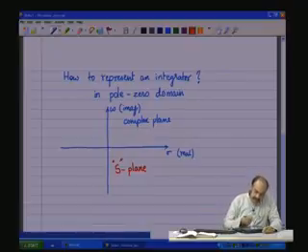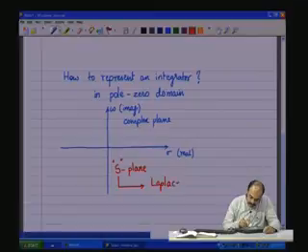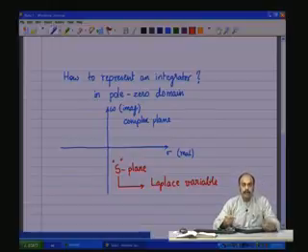Note this variable S. This variable S is the same as the Laplace variable, the Laplace variable in Laplace transforms.